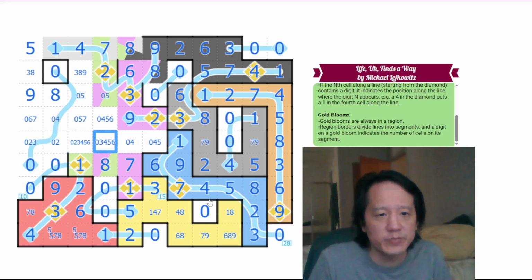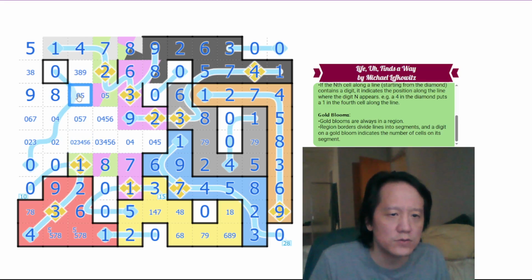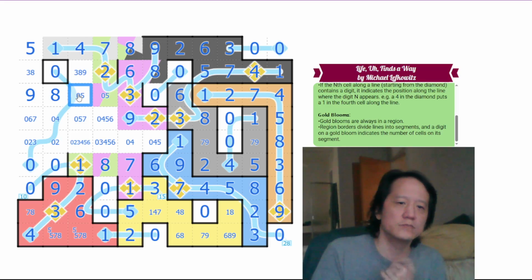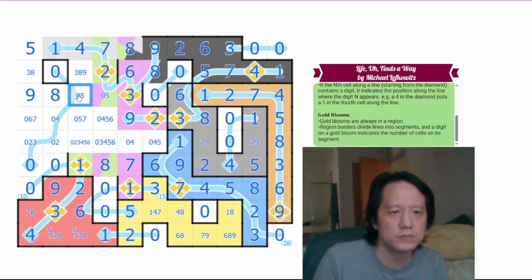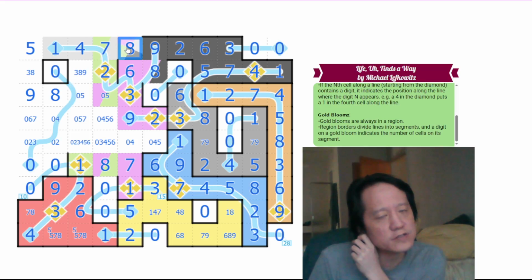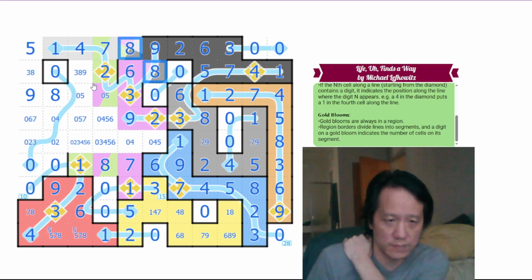This cannot be 2 here. So one of these 8s is a dark.